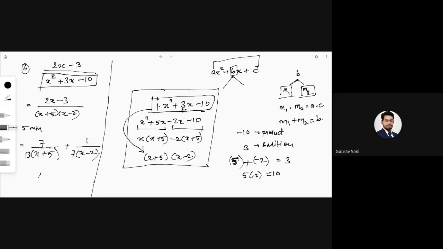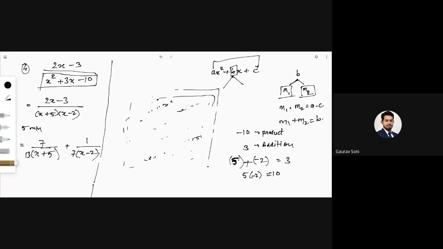So we'll have 49x. I don't think these values are correct. Why? Okay, simplify this.